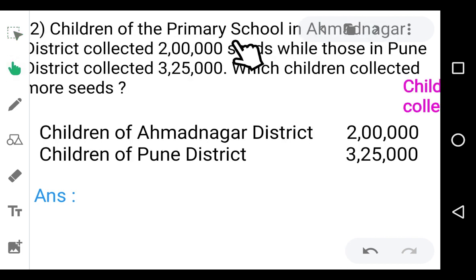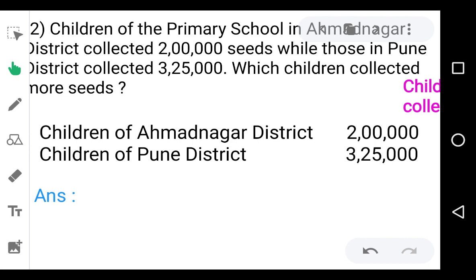Children of the primary school in Ahmednagar district collected 2 lakh seeds while those in Pune district collected 3,25,000. Which children collected more seeds? Here, children of Ahmednagar district, how many seeds they collected? 2 lakh.